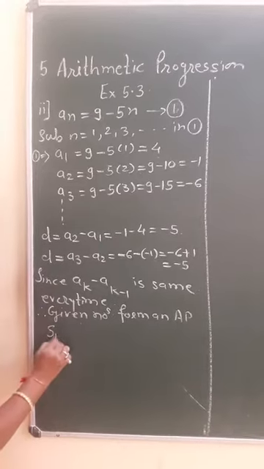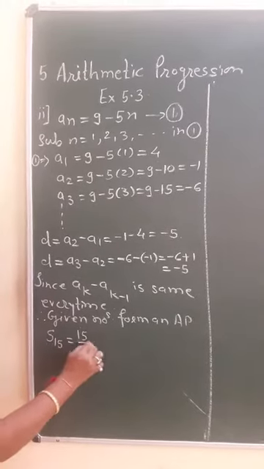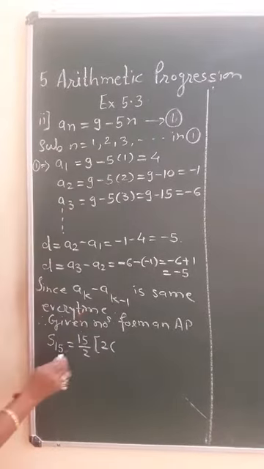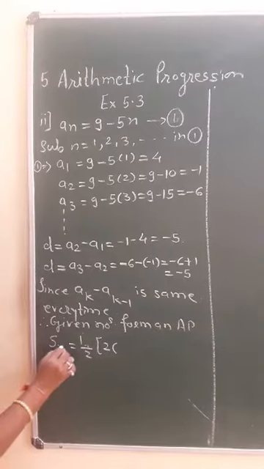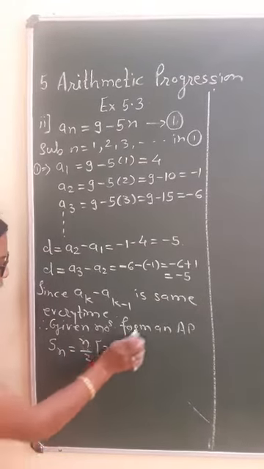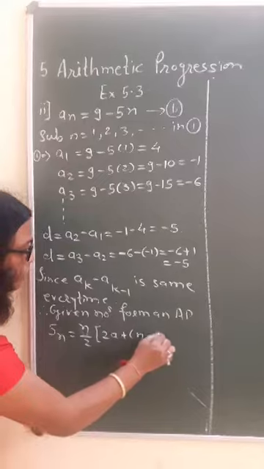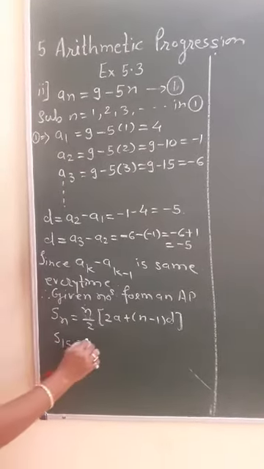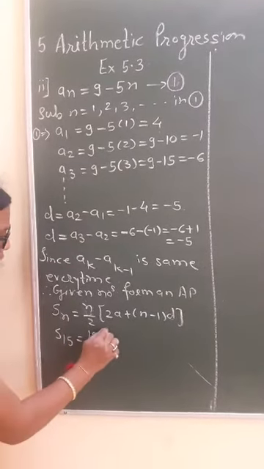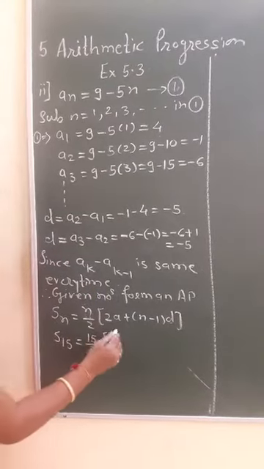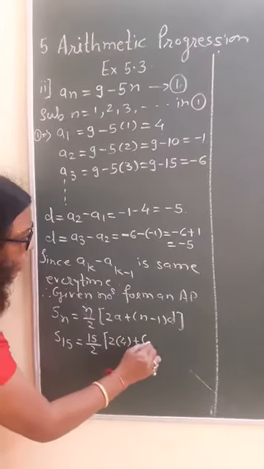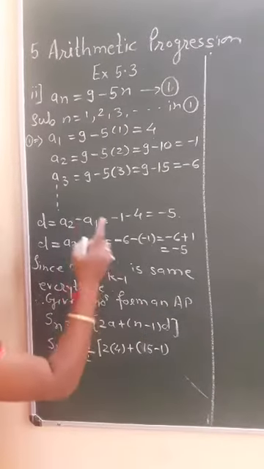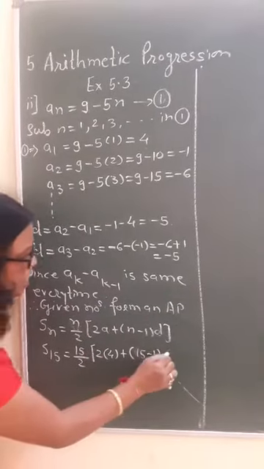That's why we have to find S15. S15 is nothing but 15 by 2. First of all we will write the formula. Sn is equal to n by 2 into 2A plus n minus 1 into D, and here it is S15. We have to find the sum of the total 15 terms, that is 15 by 2, here 2 times the first term, which is 4, plus n minus 1, n is 15 minus 1, and the value of D is nothing but minus 5.